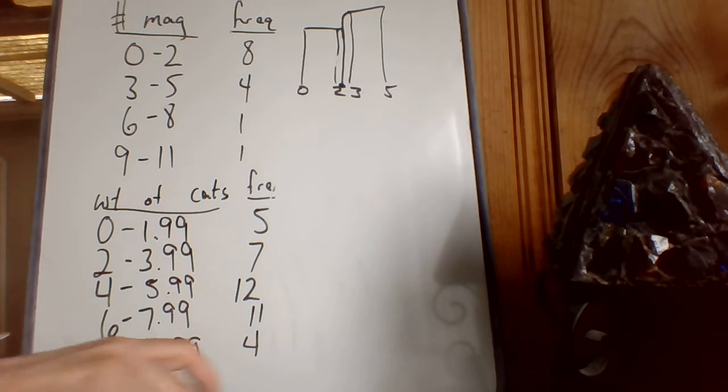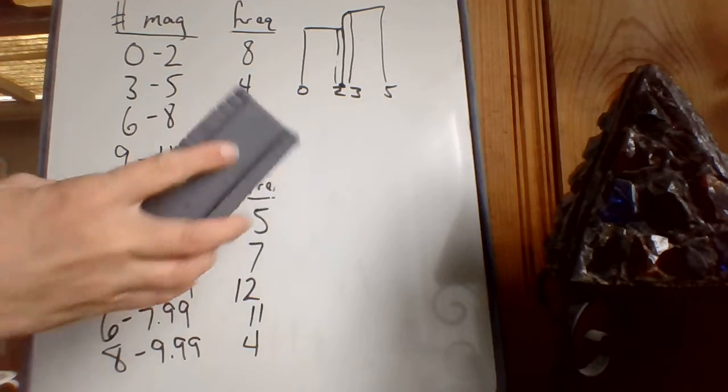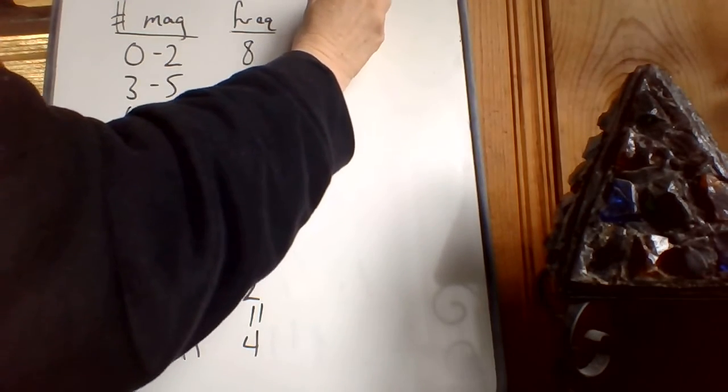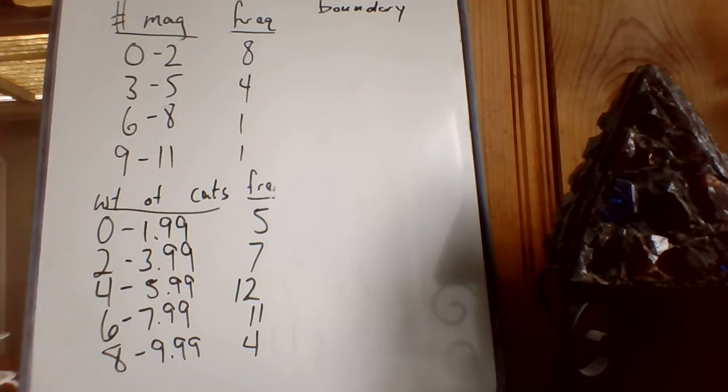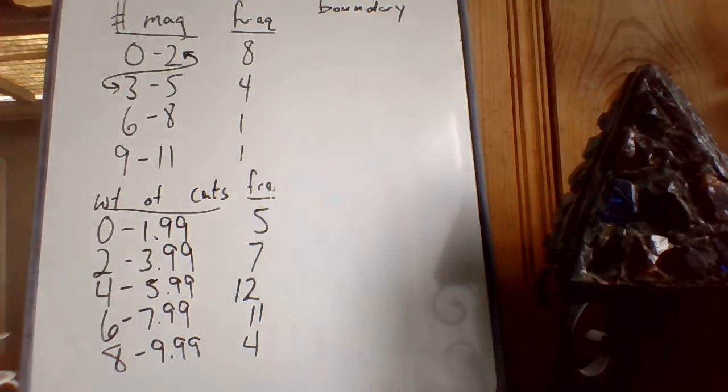Okay, so it's not a calculation you see done all the time. You probably just freehand it anyway. But the boundary is the spot that's halfway between this 2 and that 3.